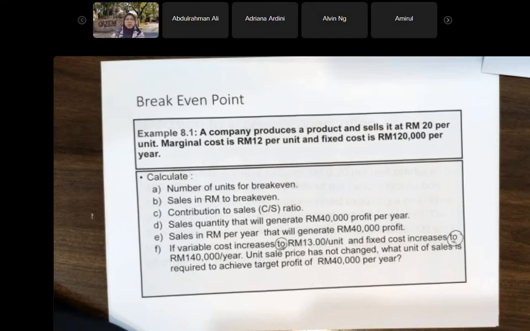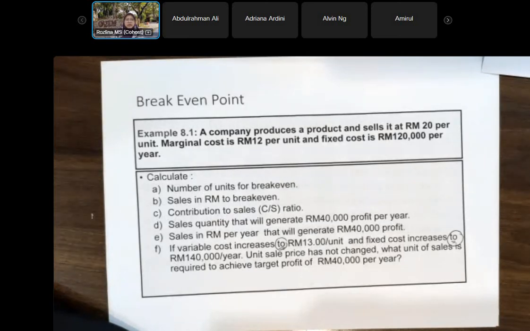The case study is to accept or reject a special order, which is usually at a lower price than the normal sales price. You need to consider if the company can use the extra unused capacity.